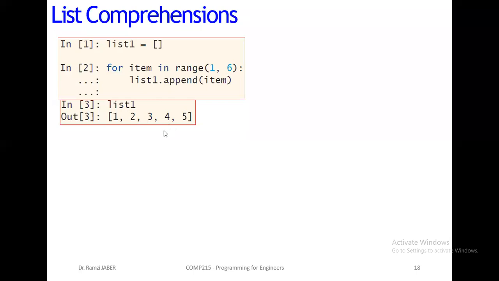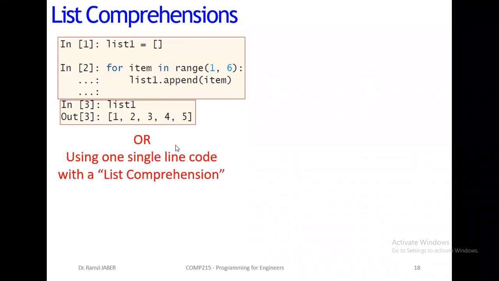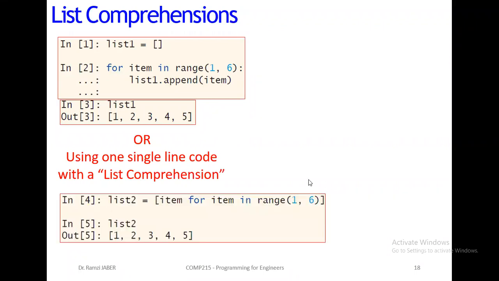Now, these 3 lines, list1 equals empty, for item, and list1.append, can be merged in one single line of code called list comprehension. These 3 lines can be merged in one line, which is any variable: list2 equals, between the brackets, the output, here the output item, space, for item in range 1 to 6.